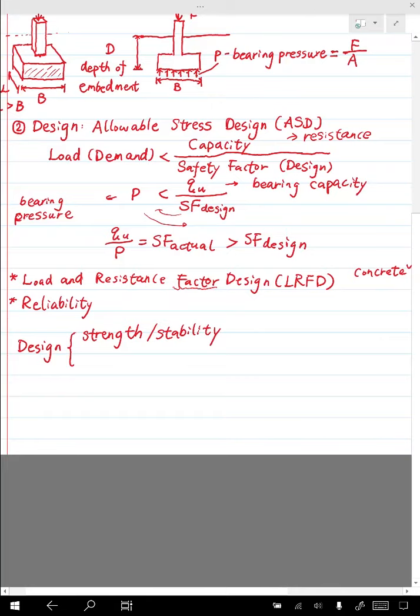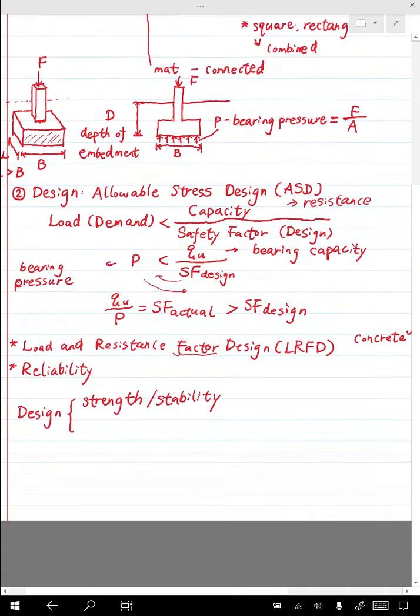What is the difference between strength and stability? The difference actually is that strength is something associated with materials, but stability is a value associated not with materials anymore, but with an object made of some type of material. That means the dimensions and the position of the object matter in addition to the material properties.